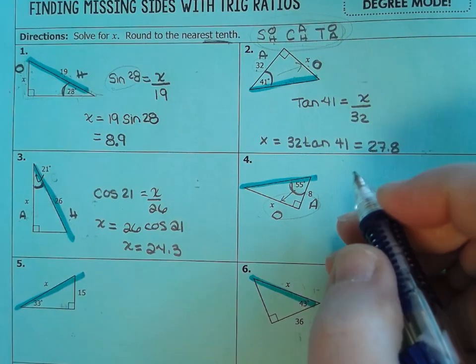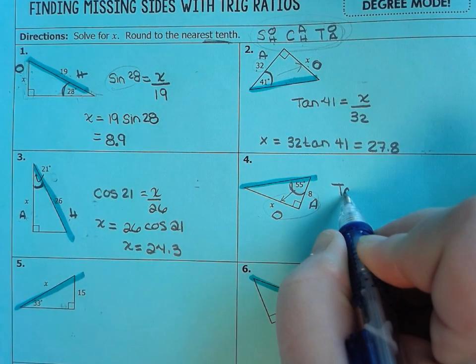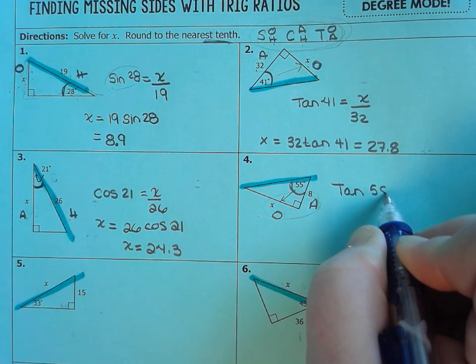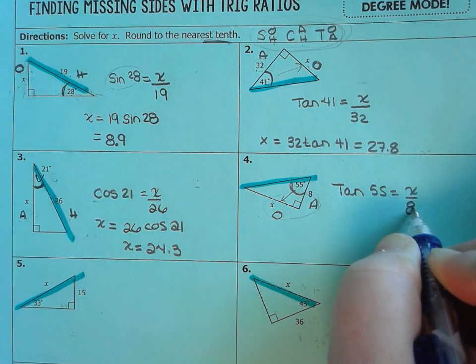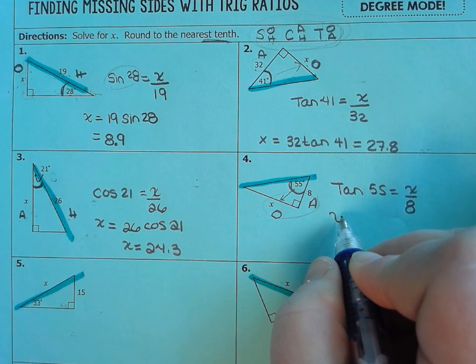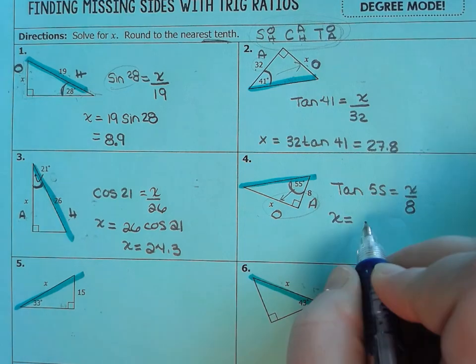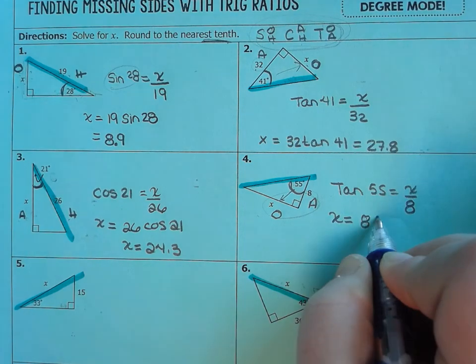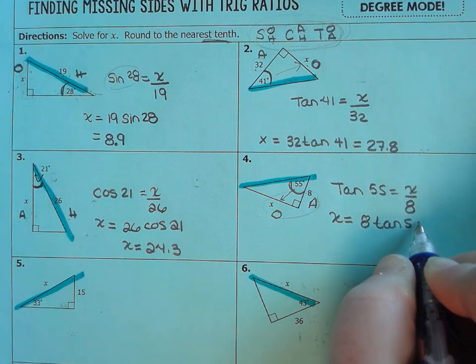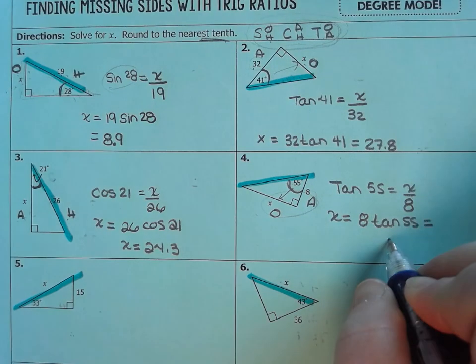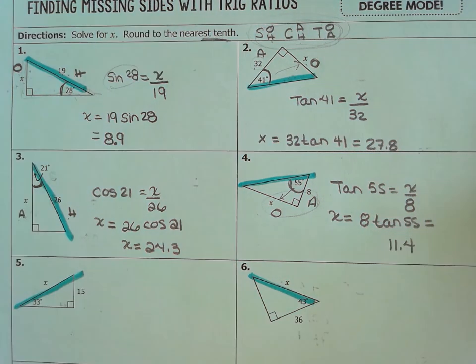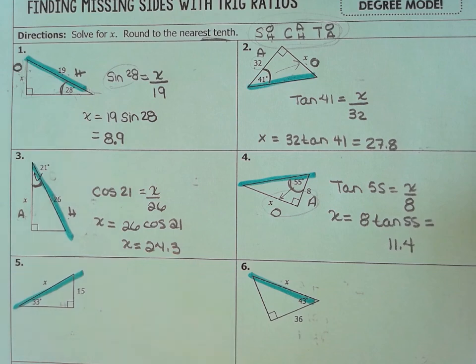Tangent of 55 degrees is equal to x over 8. So x is equal to 8 times the tangent of 55 degrees. And it's just that easy. So it's 11.4. Now what happens if our unknown side is at the denominator?